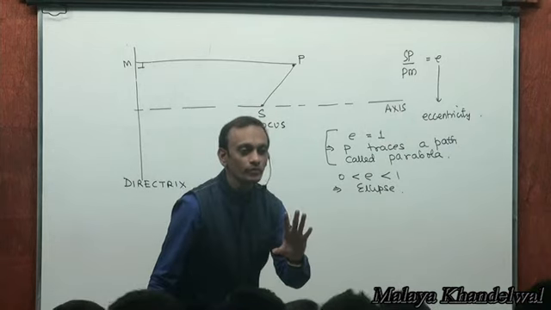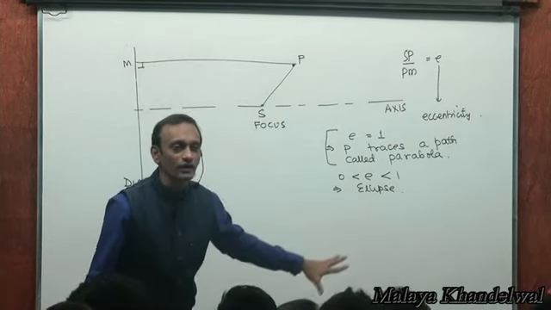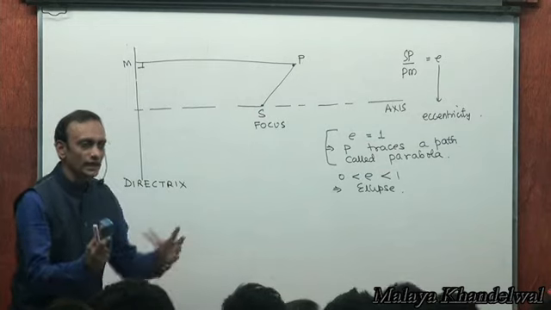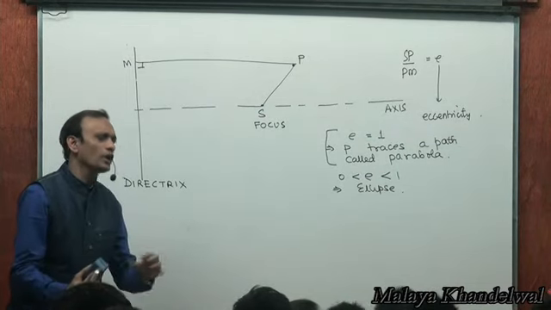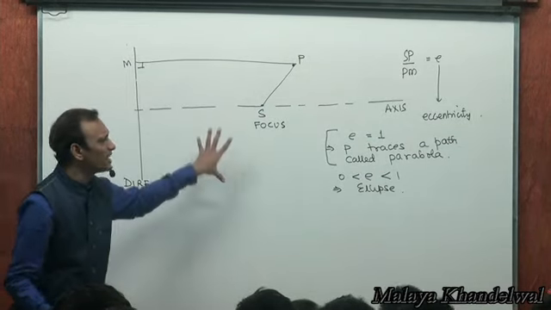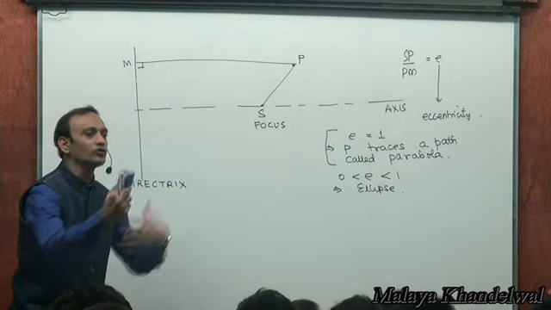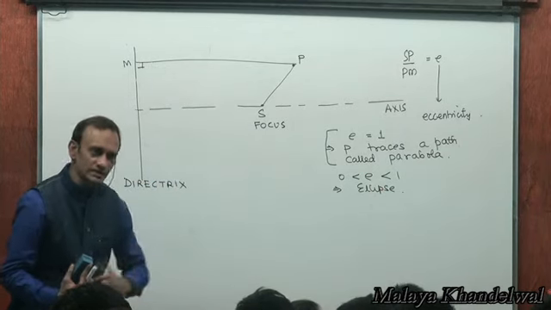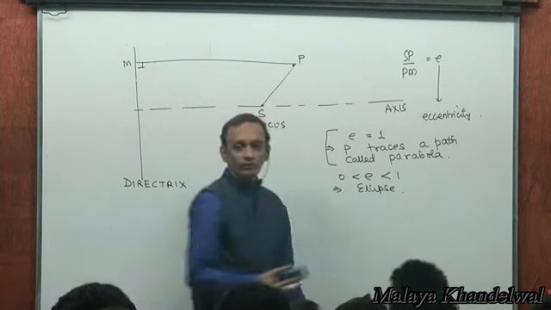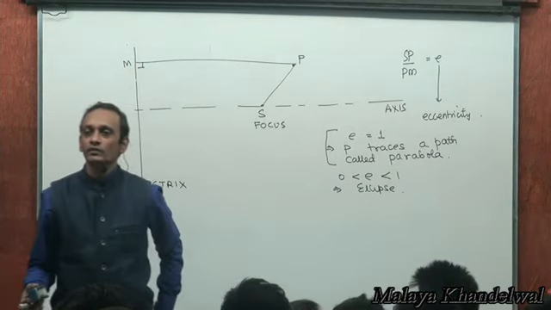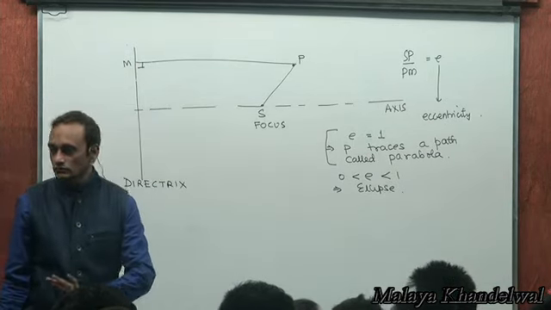I'll come to that. You might want to realize it yourself in a little while, but for the time being, let me move on. Once I do a little more of the parabola, you'll yourself realize what this E means, right? Clear?